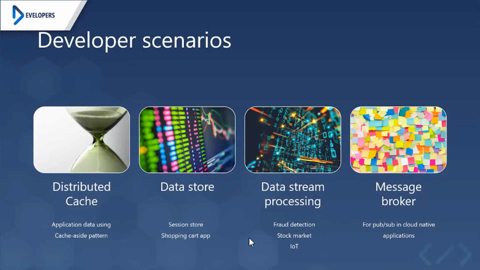And then the key-value in-memory nature makes it a very fast data store. We usually put web application session data in cache, also other types of data like a shopping cart, which does not have to be persisted all the time. Putting it in cache is a very effective way to do it.